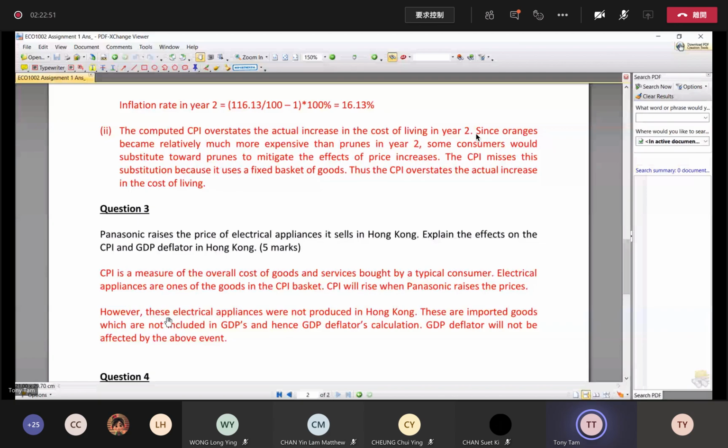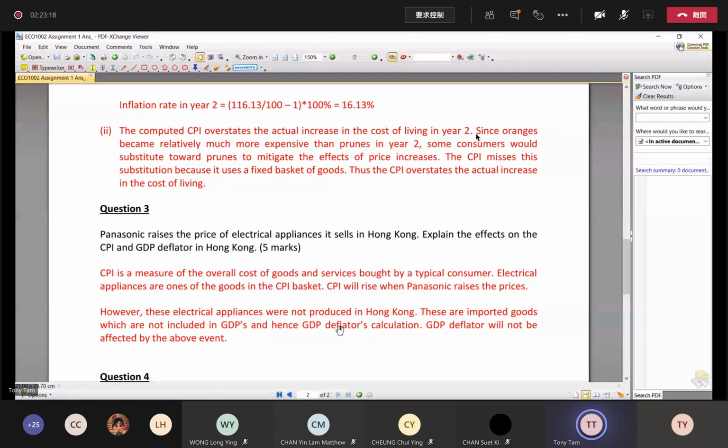So it would not be included in GDP, and it will be deducted from GDP, right? Because GDP means gross domestic product. It is an imported good, and it will be deducted. So it won't affect any GDP data.